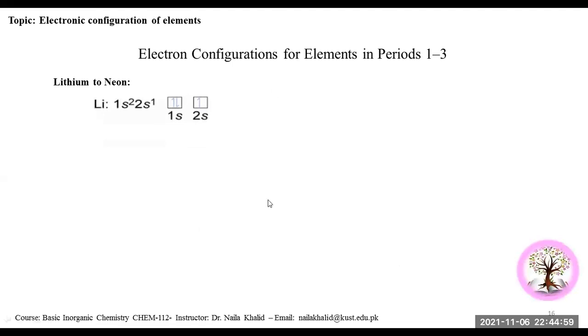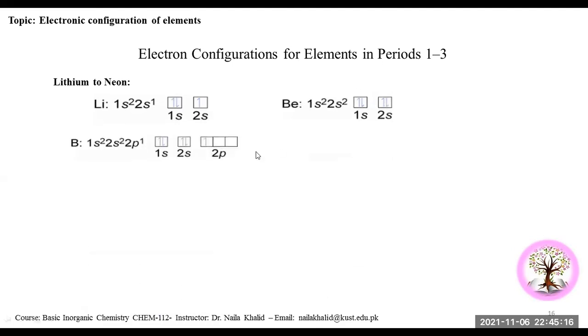So if you are going to write the electronic configuration for lithium, whose atomic number is 3, you can write over here 1s2 and 2s1. This can also be written in this way. For beryllium, for boron, 2p1. For carbon, it is 1s2, 2s2, 2p2.